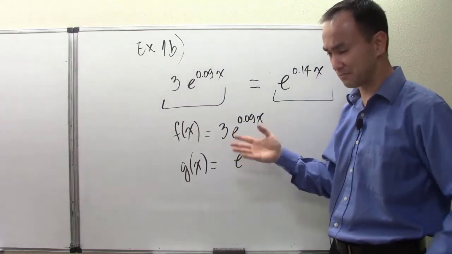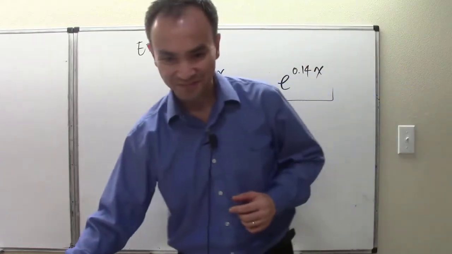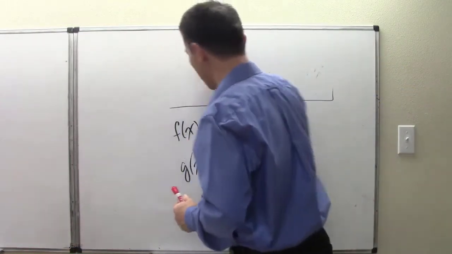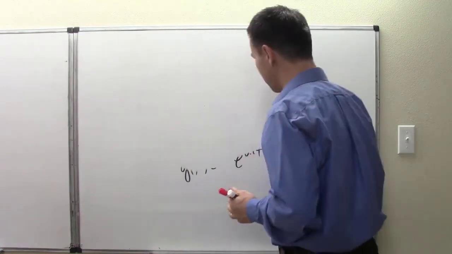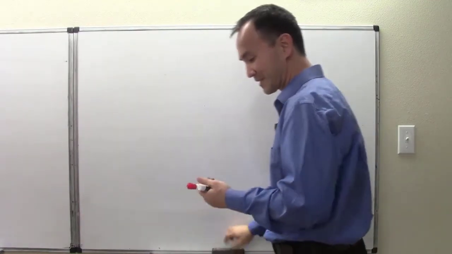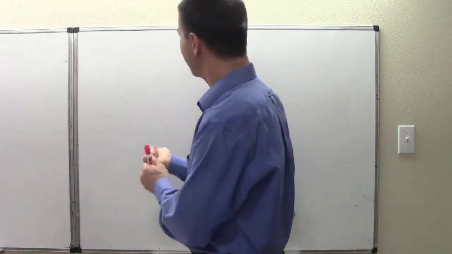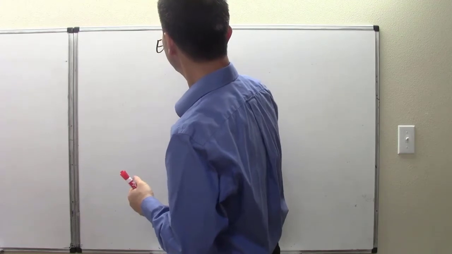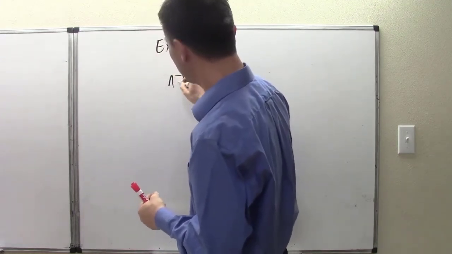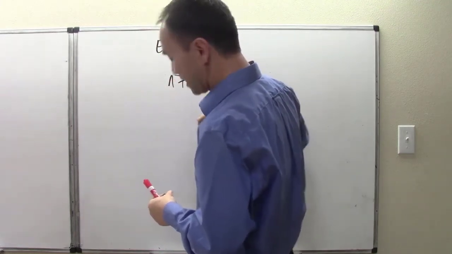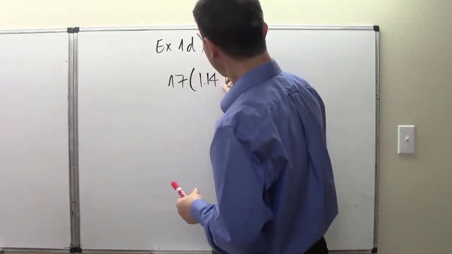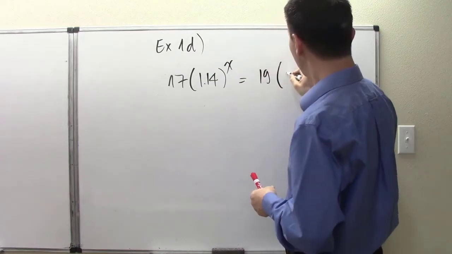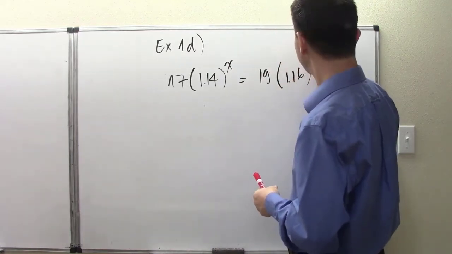As another quick demonstration, in example 1 part D, the equation we solved was 17 times 1.14 to the x equals 19 times 1.16 to the x.